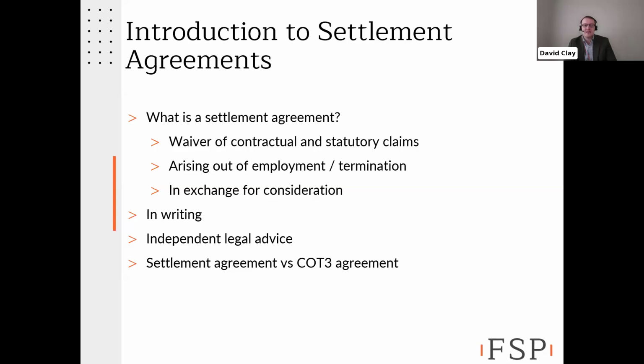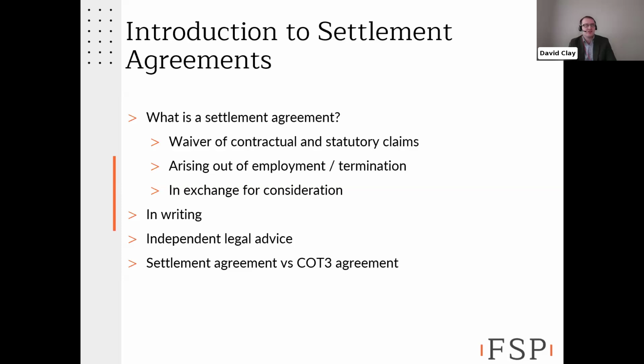Now, what's the quid pro quo for this waiver of claims? Well, of course, you need some consideration for that, and money, some form of financial payment, is the key bargaining chip that you have to persuade employees to enter into these agreements and waive their legal rights to pursue claims against you in a court or employment tribunal.